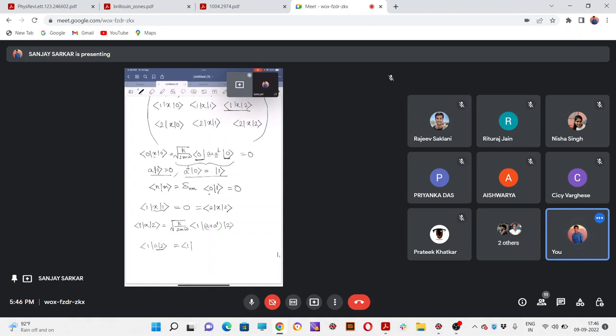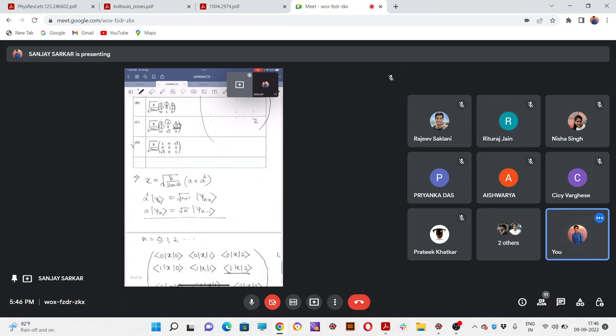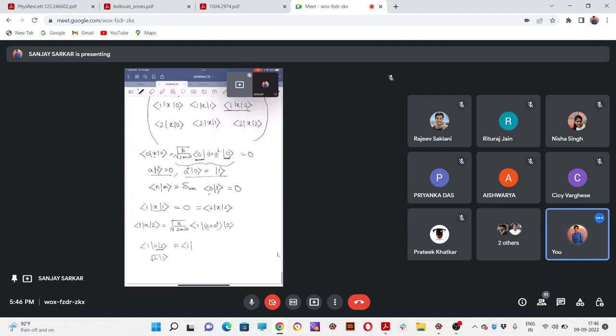This value will give us root 2 <1|1>, using this property. So sorry, this is the constant term <1|1>, and from the orthogonality property this is 1, so this will give us root 2. The second term is <1|a dagger|2>.